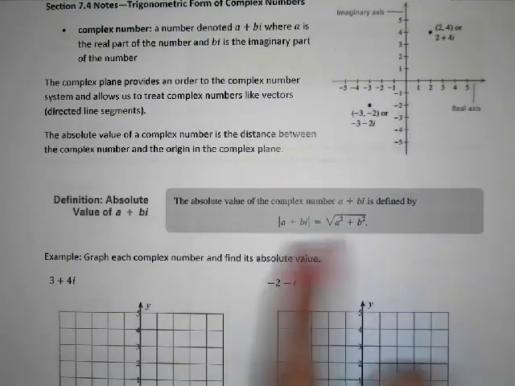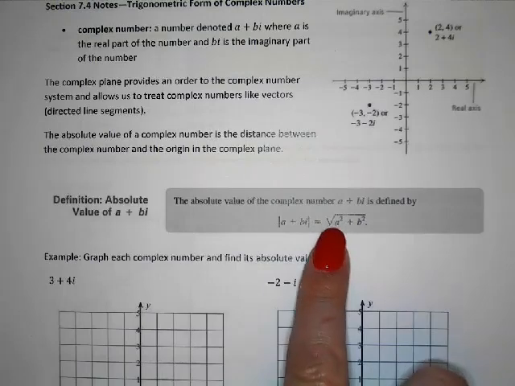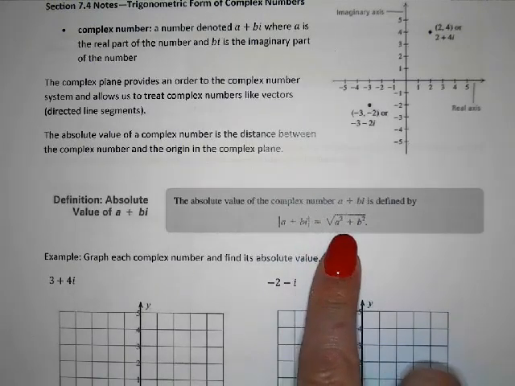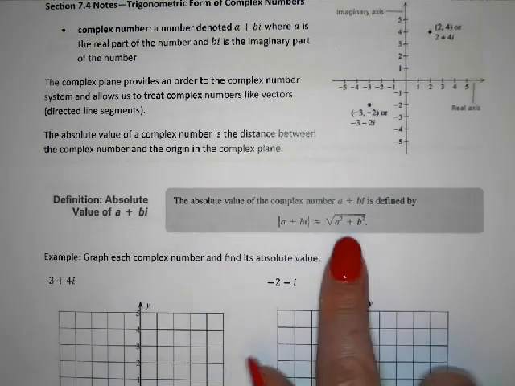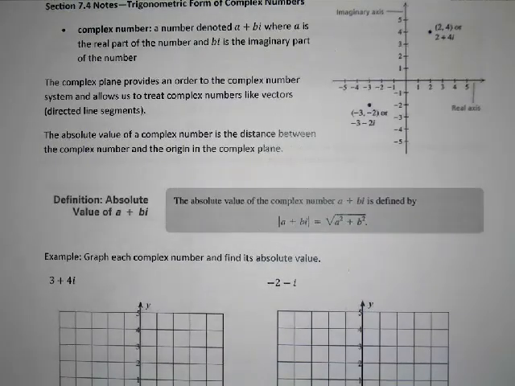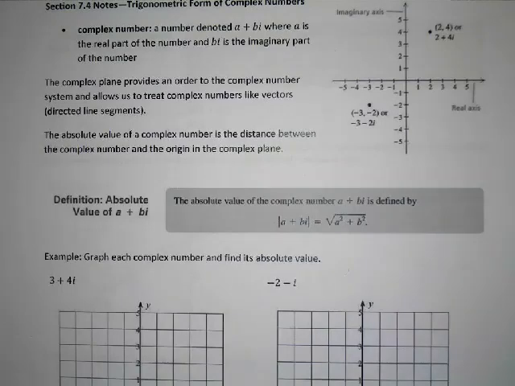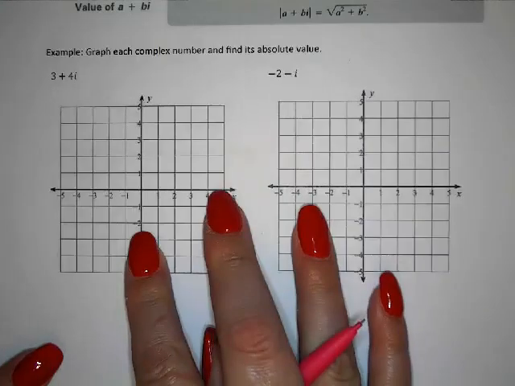You're seeing this formula, the square root of a squared plus b squared. We've already seen this formula in the last section, and we're going to see it again in this chapter. This is going to be a significant formula in a few different contexts that are all related. Okay, so here's a couple example problems.